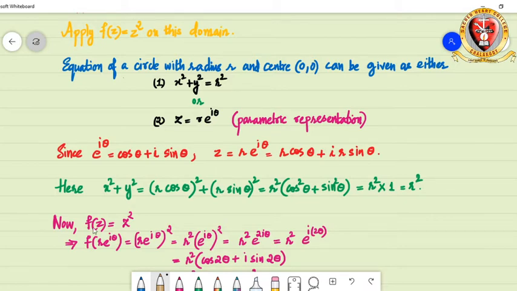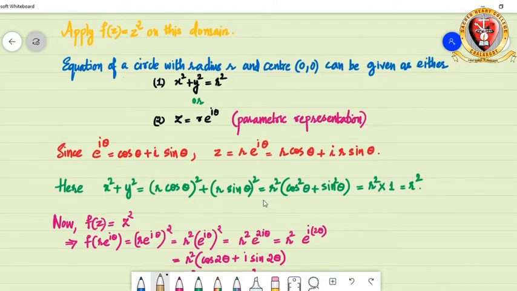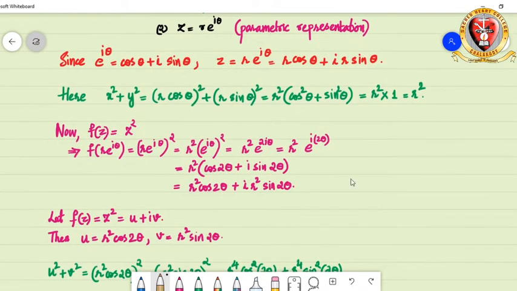Okay, and we are going to apply our function f of z is equal to z square. Let's see what happens. So f of z is equal to z square. Here, instead of z we can replace it with r e raised to I theta. So f of r e raised to I theta is equal to r e raised to I theta the whole square, and that is nothing but r square into e raised to I theta the whole square, which is r square into e raised to 2 into I theta.